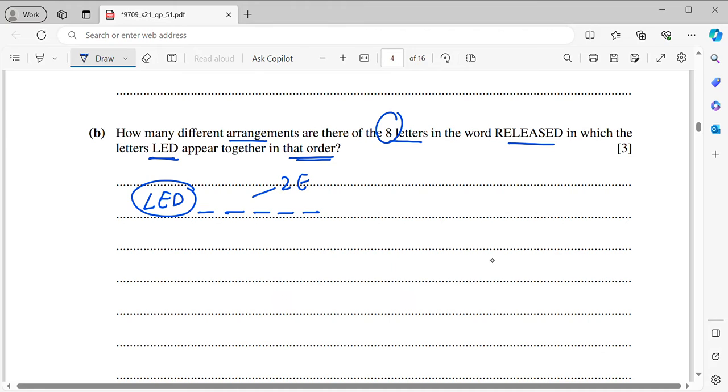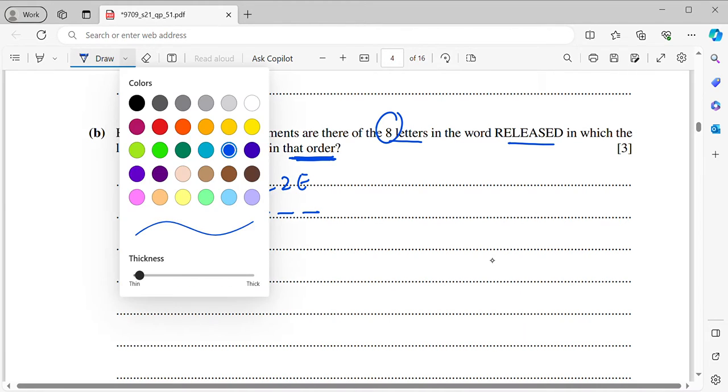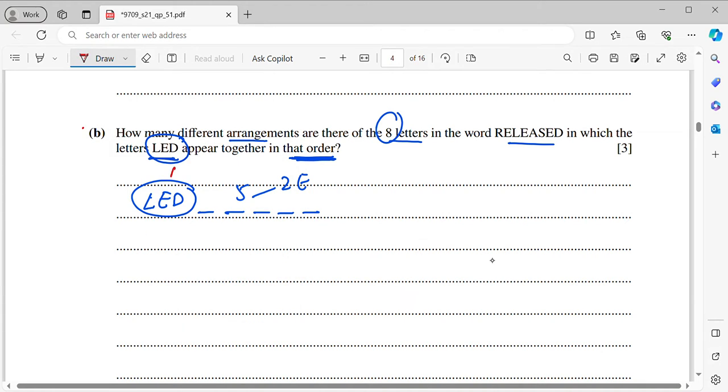Now it's mentioned that these 3 letters, LED, must be in this particular order. That means I'm arranging 1 plus these 5, so 6 letters in total. So for the number of arrangements, I will have to arrange 6 letters.